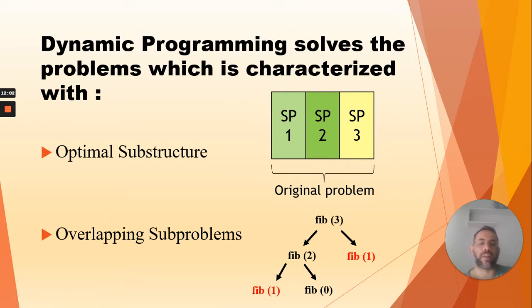That means the sub-problem will be repeated. This is called overlapping sub-problem. When there are many overlapping sub-problems in the optimization problem, dynamic programming is used to solve these problems.